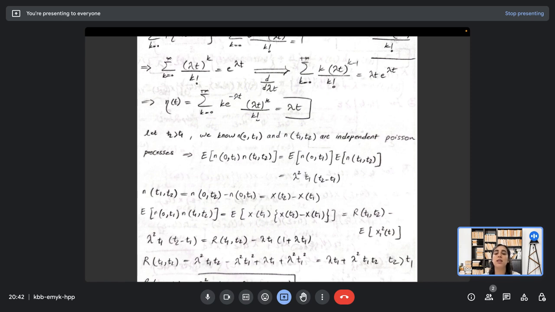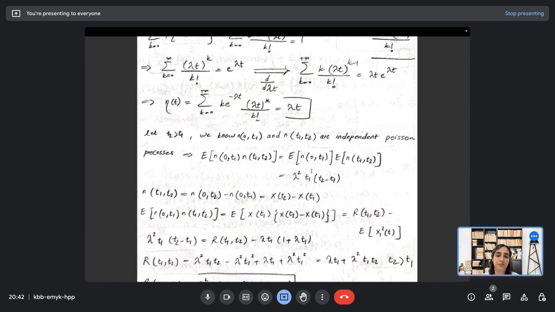So the expected value of the product of the process in 0 to t1 and the process in t1 to t2 is equal to the expected value of the first term times the expected value of the second term.